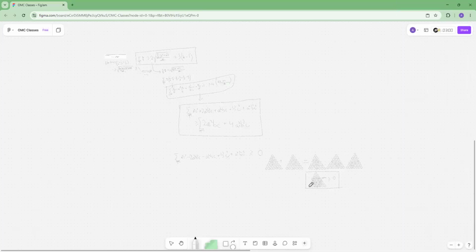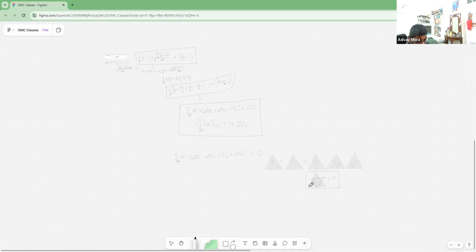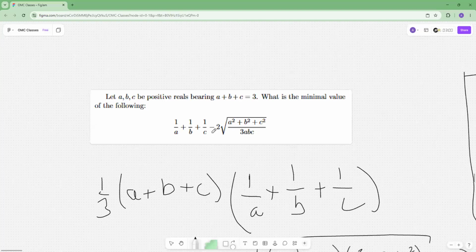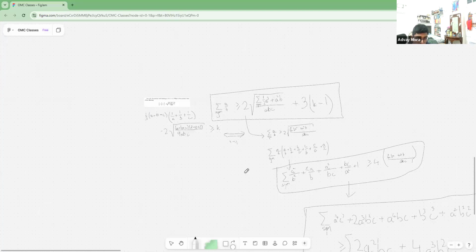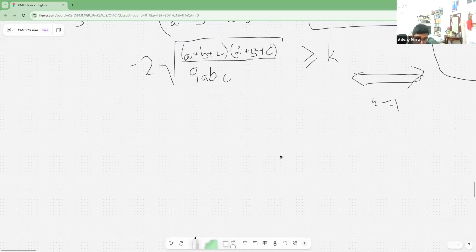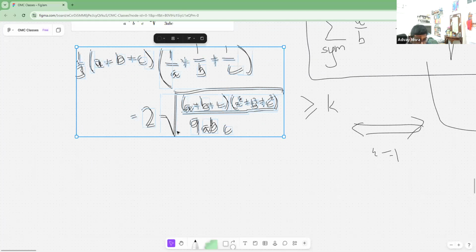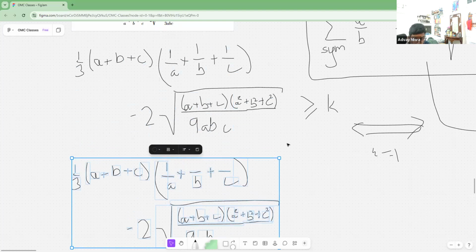Wait, I'm really sorry, but I still didn't get one thing. How does that imply that less than 1 is not possible? Greater than 1 is definitely possible. The question asks for the minimum.